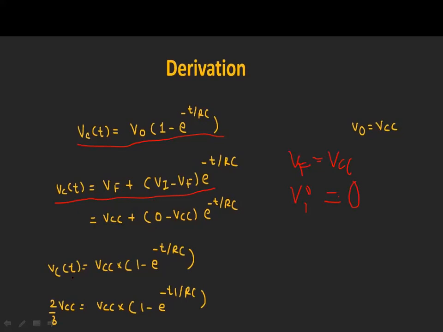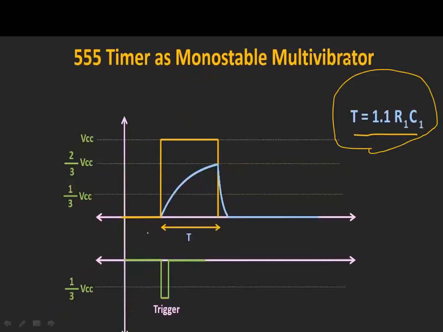So what is this Vc of t? Vc of t is equal to 2 by 3 VCC. How is this obtained? See here, up to where it has charged, that is 2 by 3 VCC. So we write Vc of t as 2 by 3 VCC.